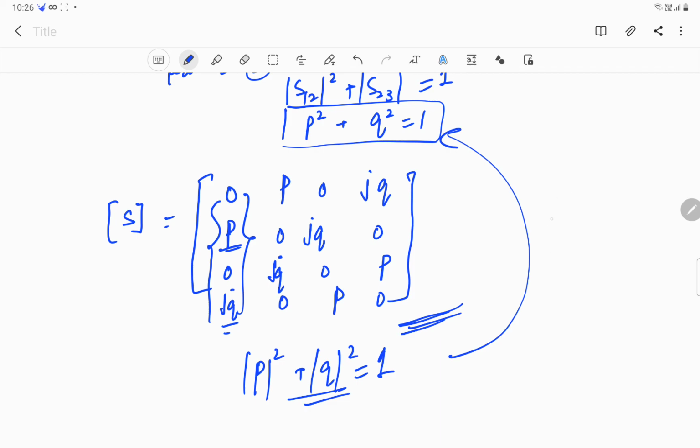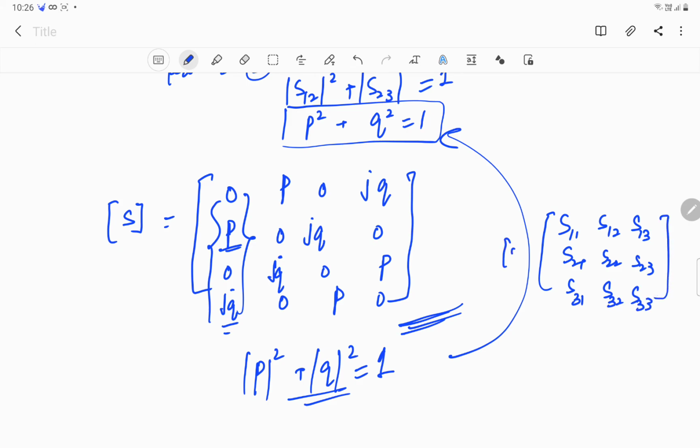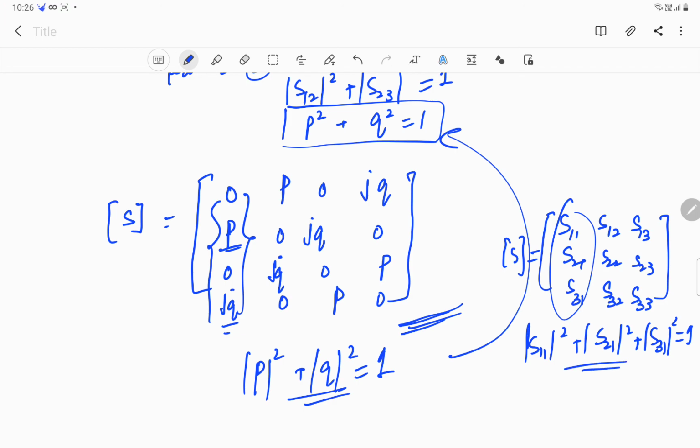Now in general, if I have a lossless network with S matrix S11, S12, S13, S21, S22, S23, S31, S32, S33, then the sum of squares S11 square plus S21 square plus S31 square must be equal to 1 for the network to be lossless. If it is less than 1, then it is a lossy network.